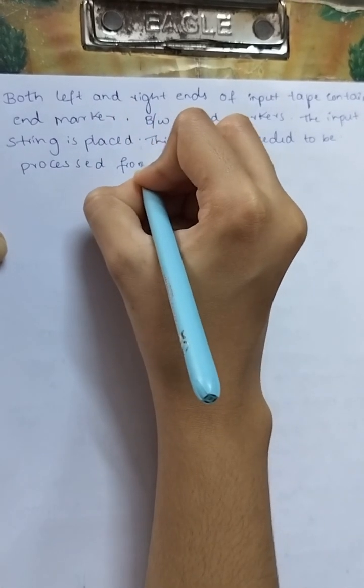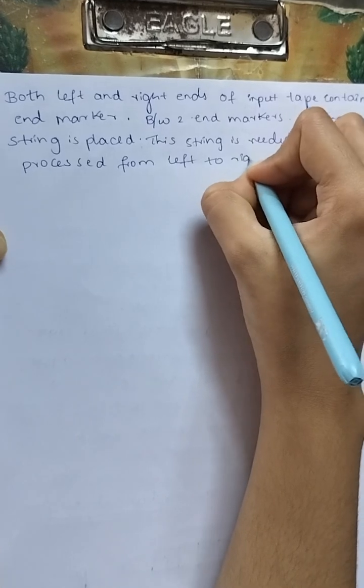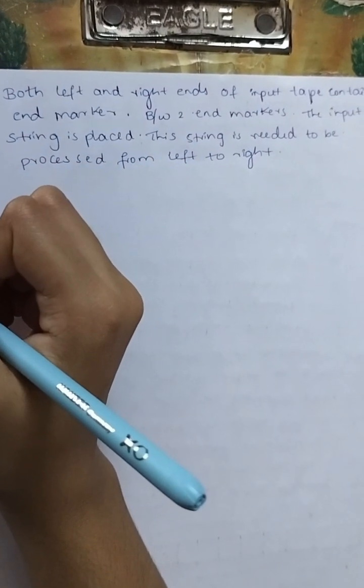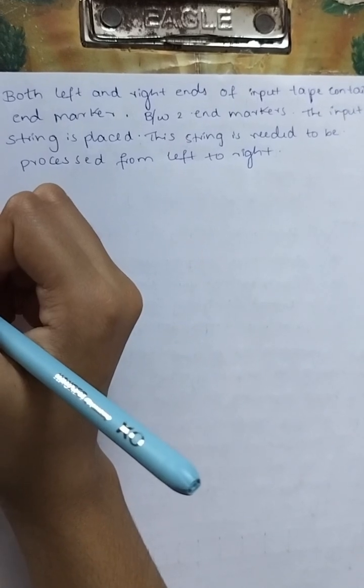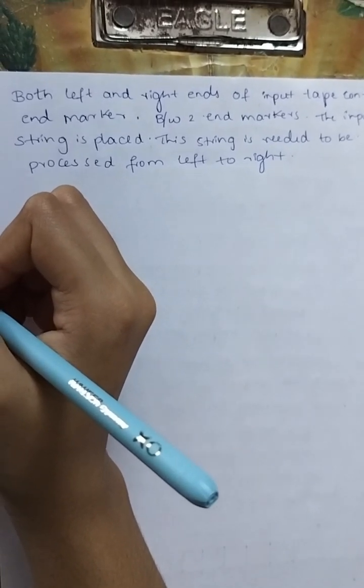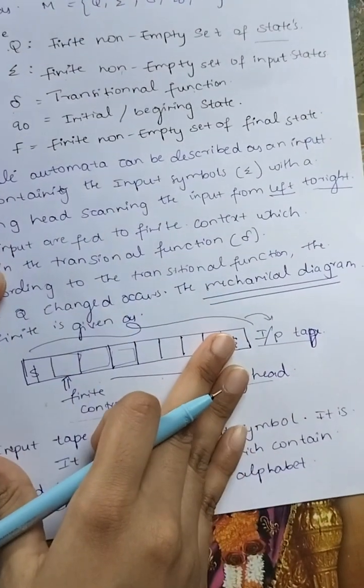from left to right. As in the beginning, we have discussed how the transition is done from left to right. So the input tape contains the input symbols, as we have written here.